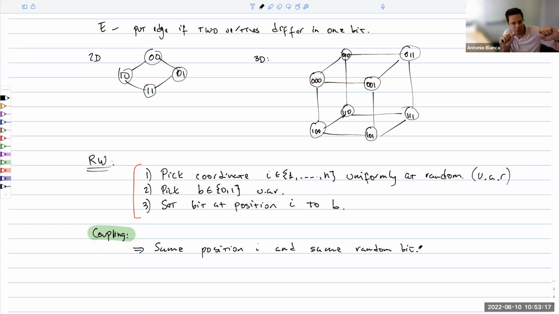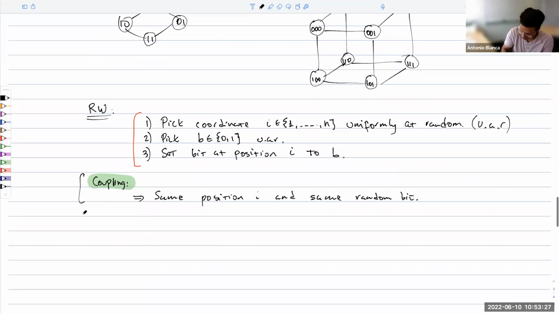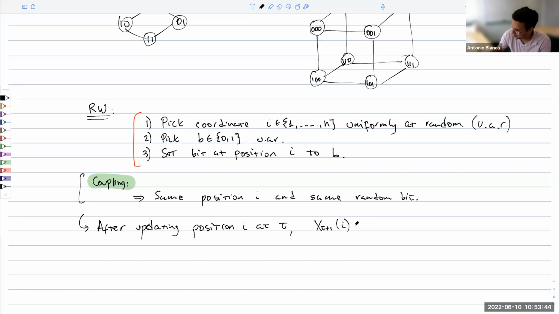And in one step, we're flipping one bit. Well, if we're flipping one bit, let's fix it so that they get the same bit at that position, right? So this is the coupling. And the key property here is that after updating, let's say, position i at time t, we have that X_{t+1}(i) is going to be equal to Y_{t+1}(i).